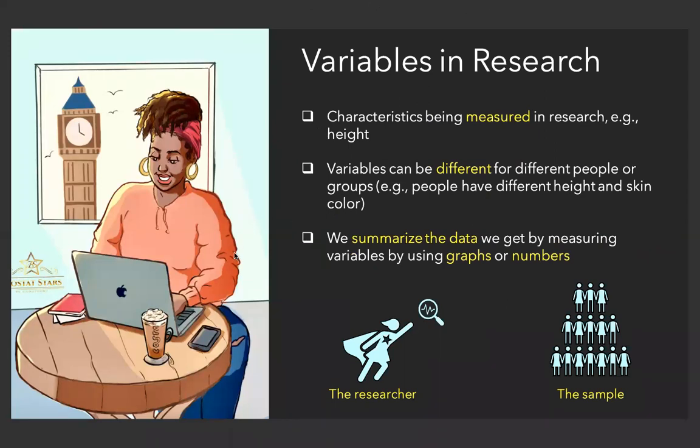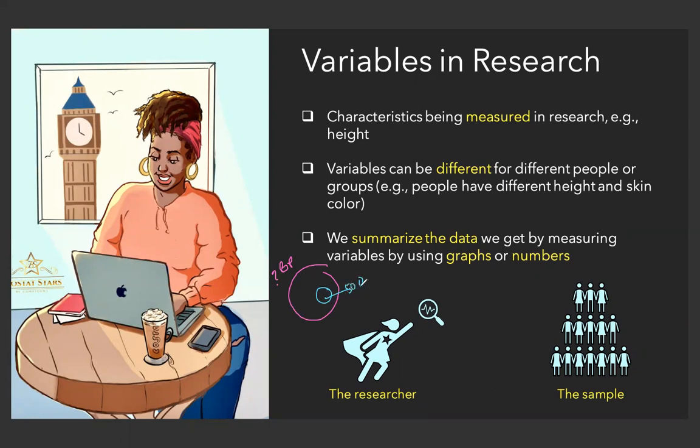If, I'll just draw it, this big circle was Qatar, and I wanted to find out the average blood pressure of people in Qatar, right? But remember there were too many people, so I'm just going to take a sample of, let's say, 500 people.